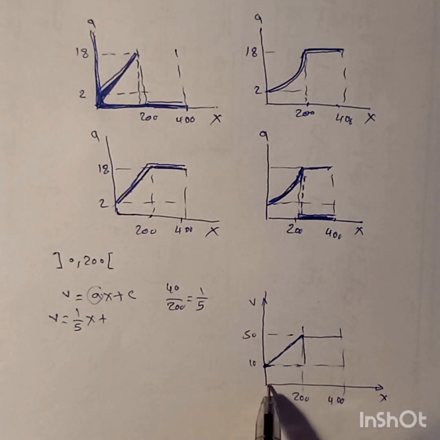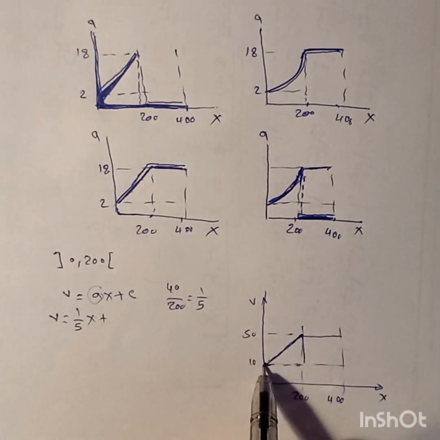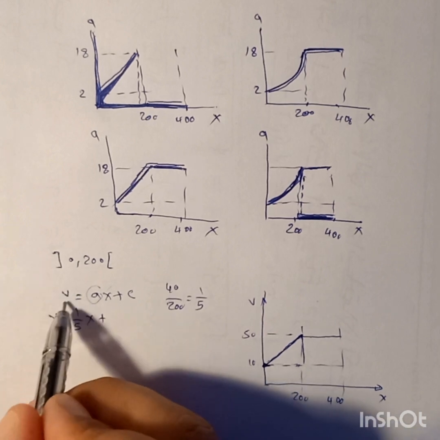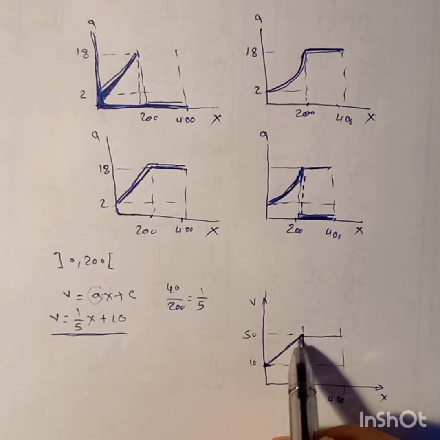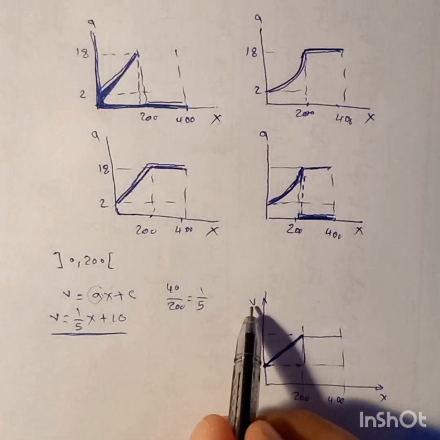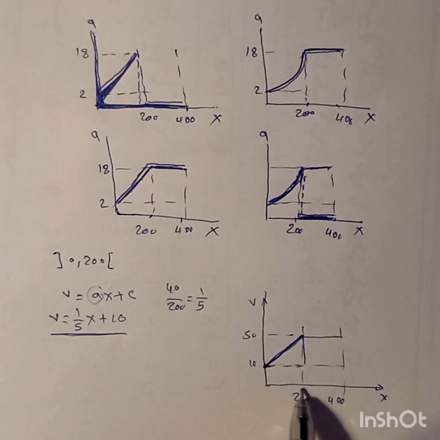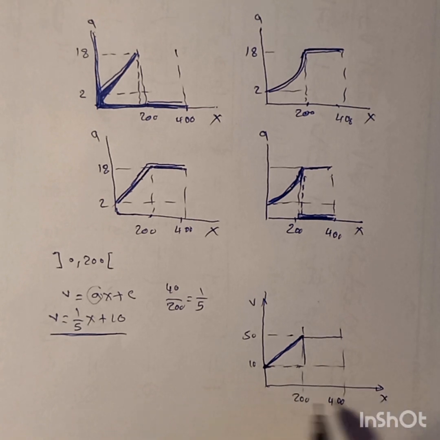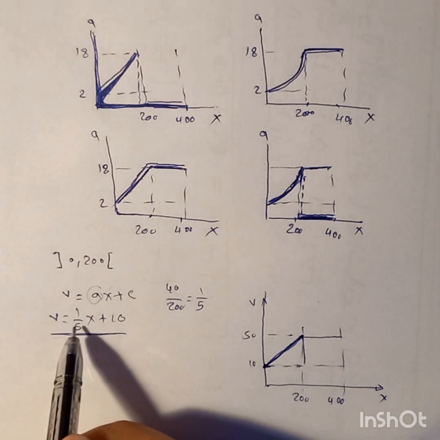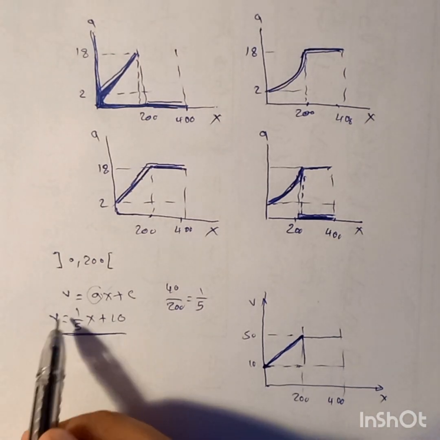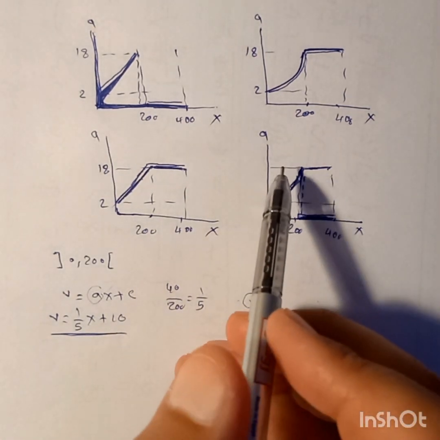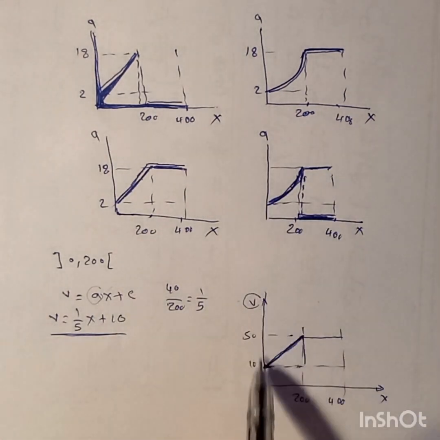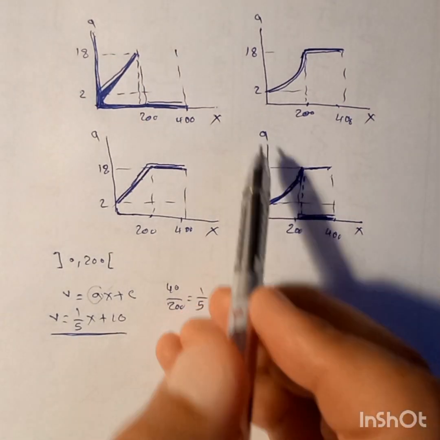At x equals 0, v equals 10, then c equals 10. This is the equation of this straight line representing the relation between v and x within the interval x from 0 to 200. To change this to acceleration, we need to convert the vertical axis, the y-axis, to acceleration.